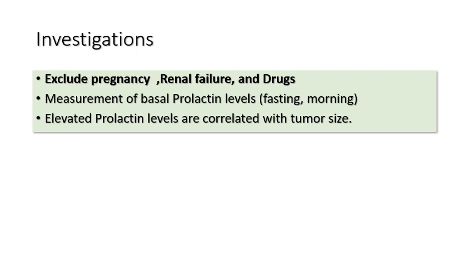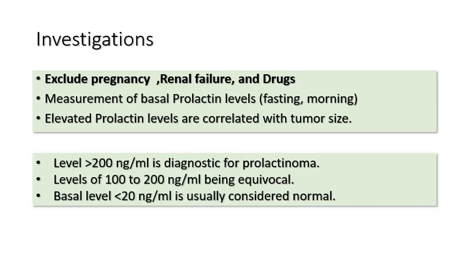And so a higher increase in the prolactin level is more correlated with the presence of prolactinoma, and a higher increase in the prolactin level correlates with the size of the prolactinoma.